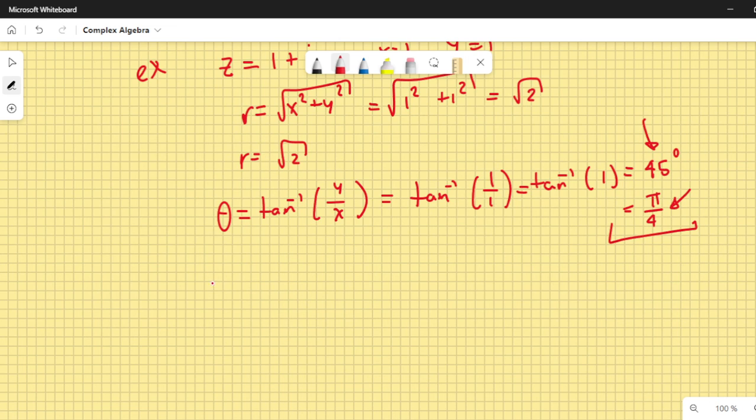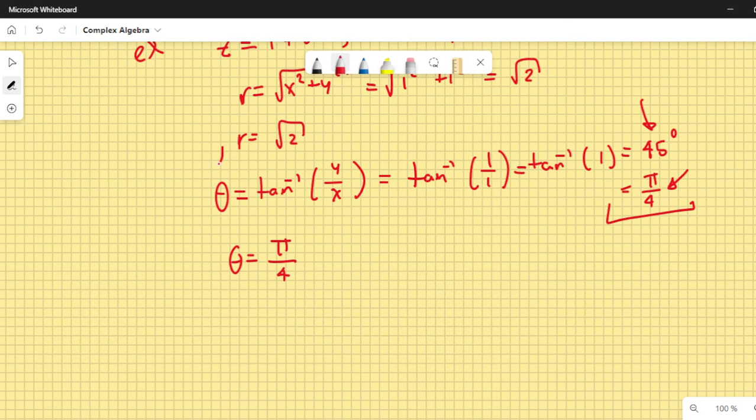So we already have the angle, which is pi over 4 in radians. We have r, we have theta, and the polar form is r e to the i theta, which in this case is root of 2 e to the i pi over 4.